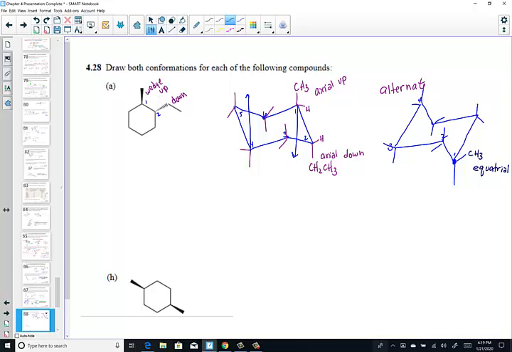And at carbon 2, I need the ethyl group to be pointing down. So now that is going to be on the equatorial group. I'll just label that. We went from axial to equatorial in a ring flip.